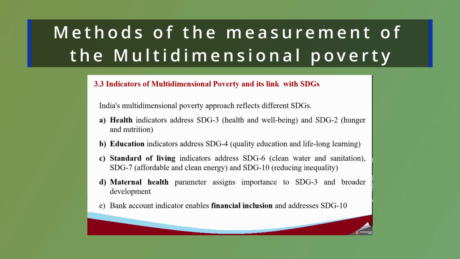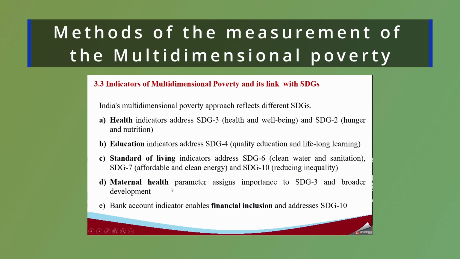The standard of living indicators address sustainable development goal 6 which is related with clean water and sanitation, as well as sustainable development goal 7 which is related with affordable and clean energy, and sustainable development goal 10 which is related with reducing inequality.